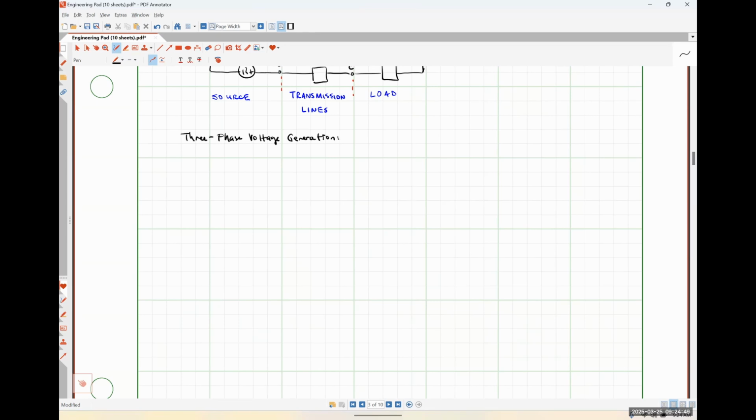So this is going to be a very simplistic representation of a synchronous generator. Okay. You'll learn much more about synchronous generators in your ELET 360 class that you'll take next winter.